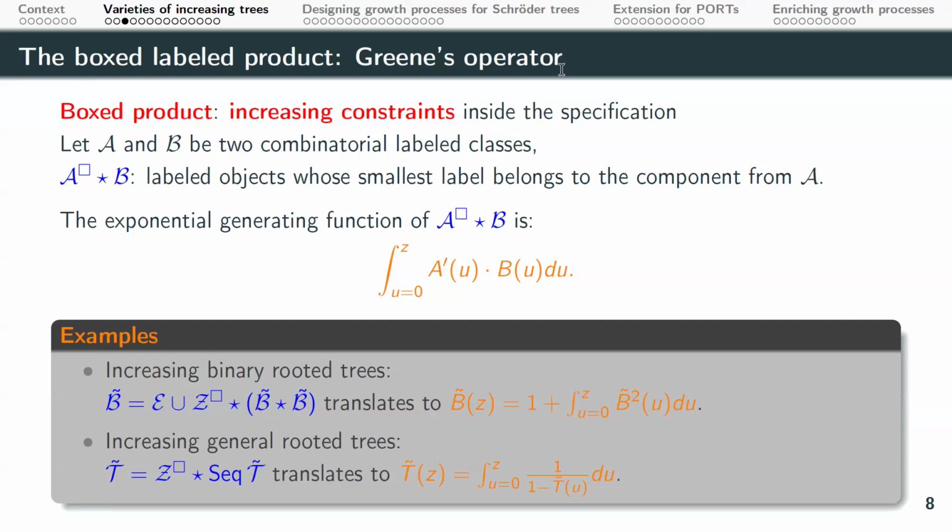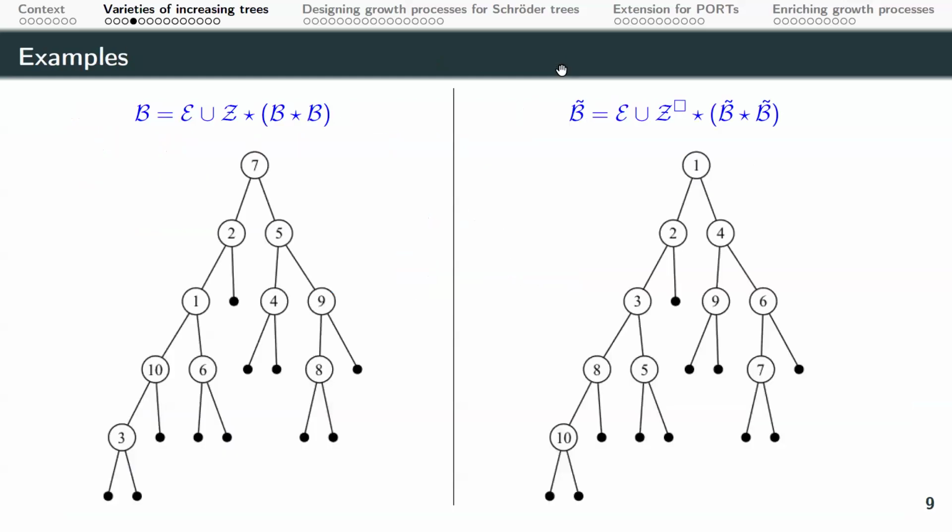From this specification, we can translate it into an integral equation satisfied by the generating function here. And in fact, if we differentiate it according to z, we obtain a differential equation: B prime is 0 plus b squared. And we can also define some kind of general rooted trees like before.